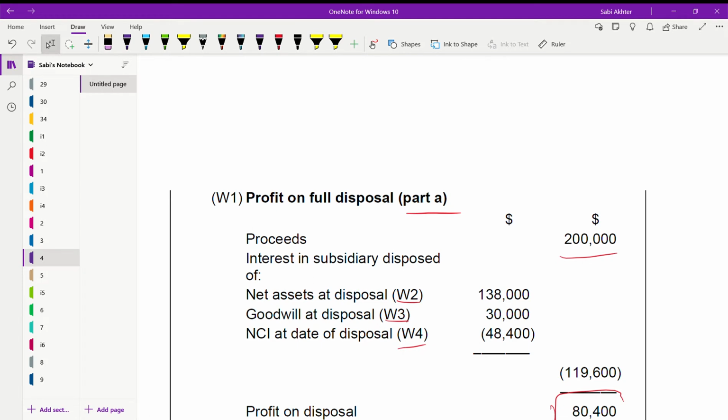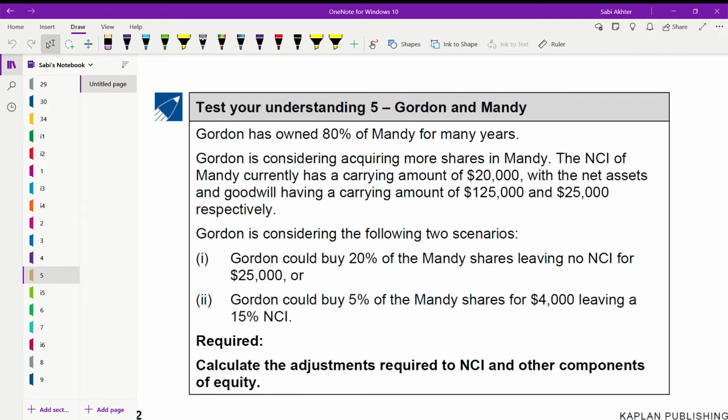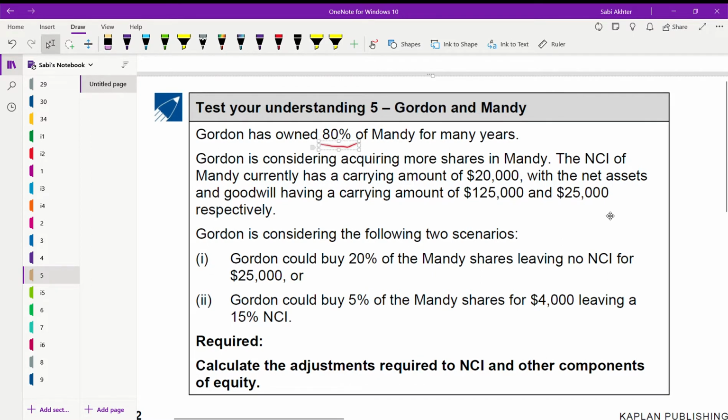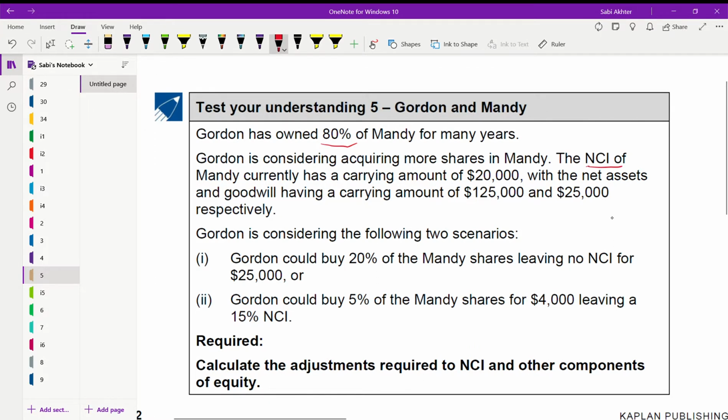So that's it for test understanding 4. Let us go to test understanding 5. Gordon has owned 80%. Gordon is acquiring more shares in Monday. The NCI has 20,000. Net asset is 125 and goodwill is 25. Two scenarios, okay? You have to calculate the adjustments that are required to NCI and other components of equity. That means control is not lost when you are disposing or you are acquiring.